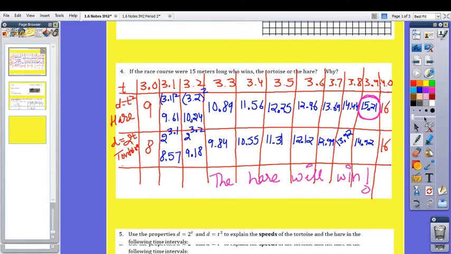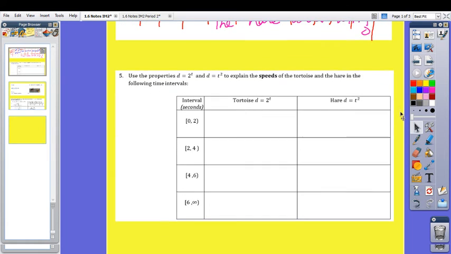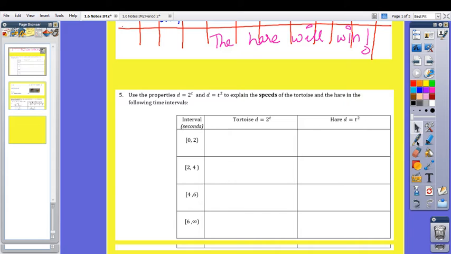Now let's find out what's happening in the next one. This one is asking us to use the distance formulas, or distance equations, that we have for the tortoise.